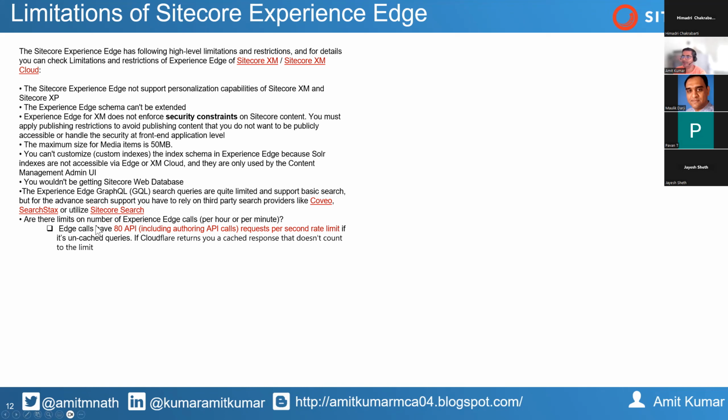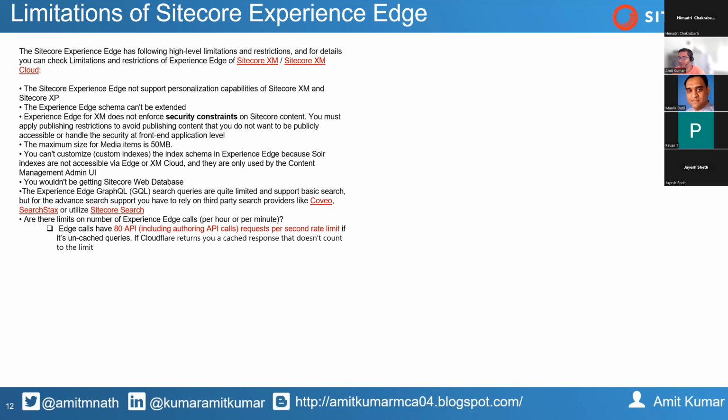And also there are limits on the number of Experience Edge calls per second or per minute. As I said, the Experience Edge API is exposed to you via a Cloudflare layer, so all the throttling and limitations are checked by this APIM layer.